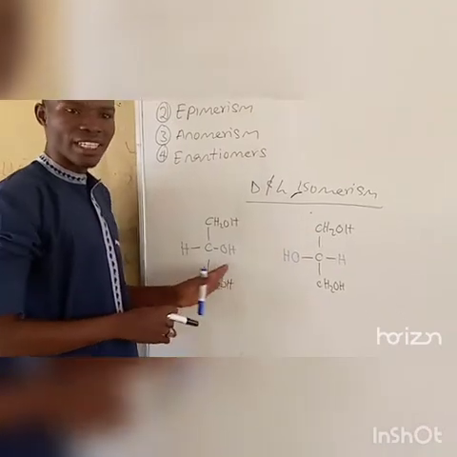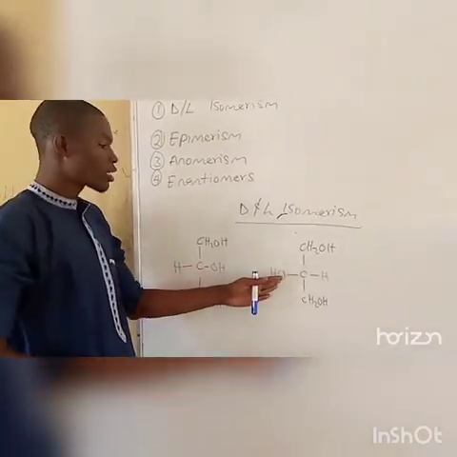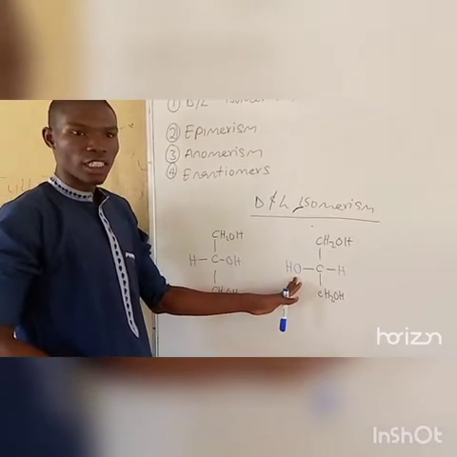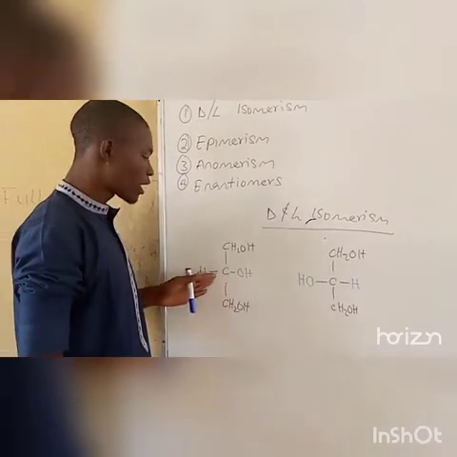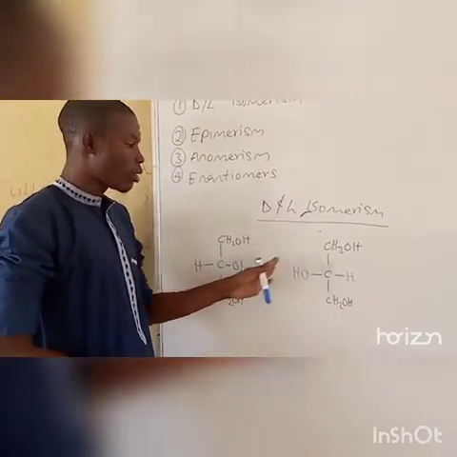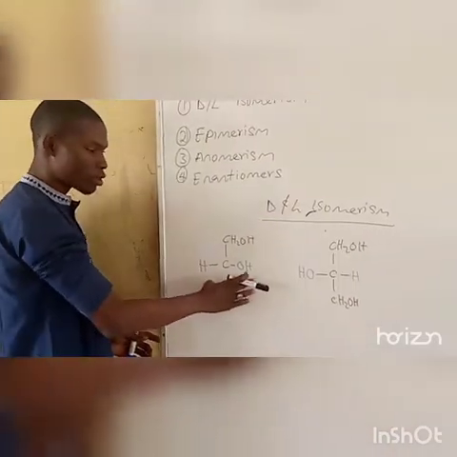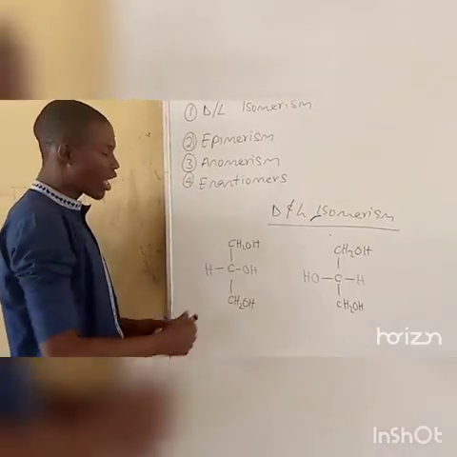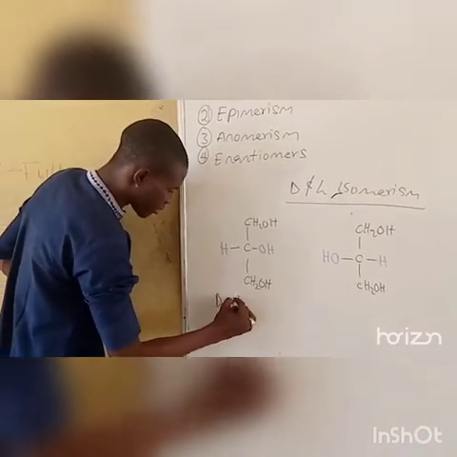If the OH is on the right hand side, it is called a dextro rotation. But if the OH is on the left hand side, it's called a levo rotation. Now this one, the OH is on the right, therefore it will be called D-glyceraldehyde.